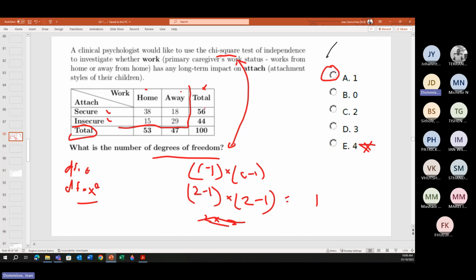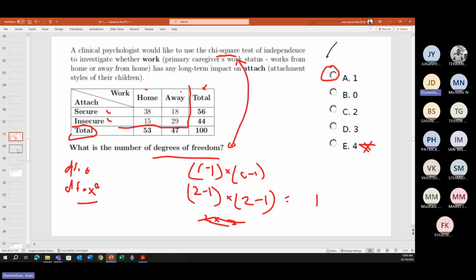But again, if you add total, there is an answer, and then again you think you made it correct. You got your 3 or 4 points, but unfortunately, you didn't. So degrees of freedom should be easy points for you. But again, just check what they include and not include in your table.